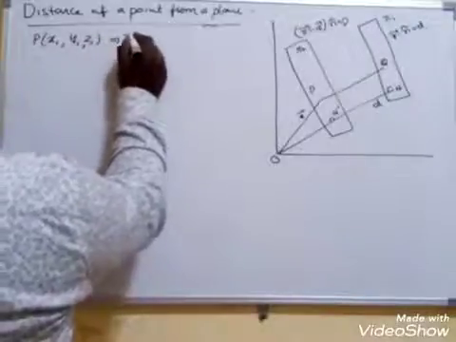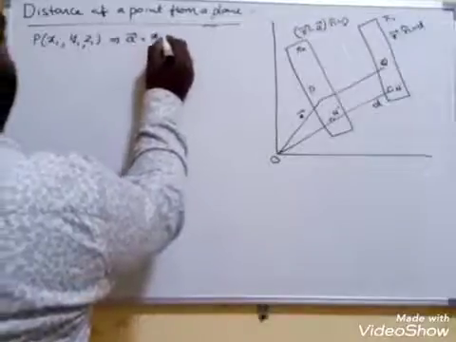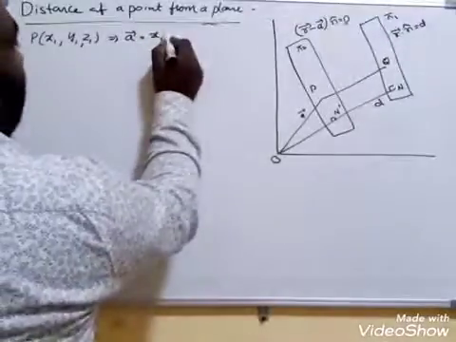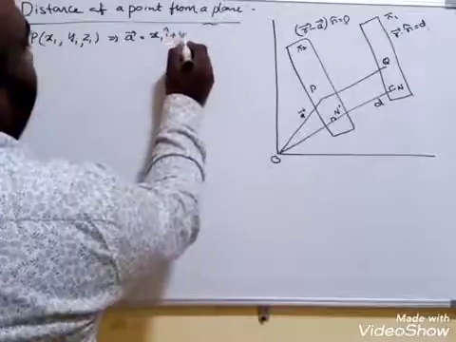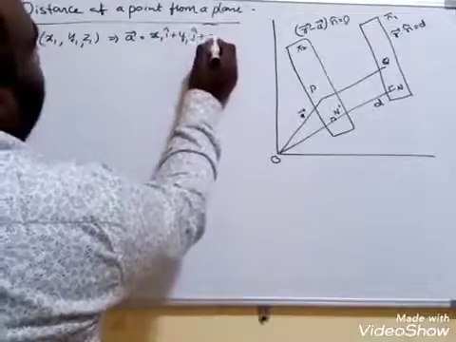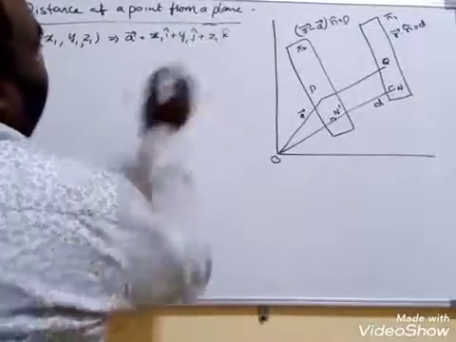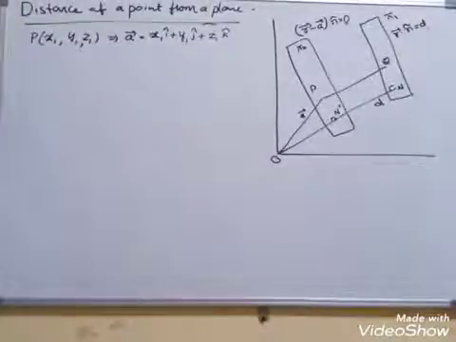a bar is equal to x1 i plus y1 j plus z1 k. This is the position vector of P. And the normal vector, what is the normal vector we are taking?